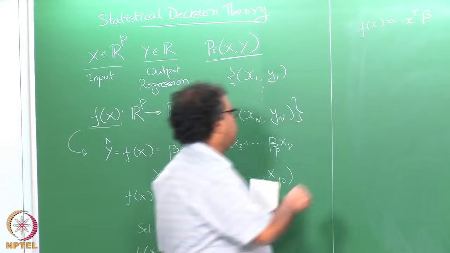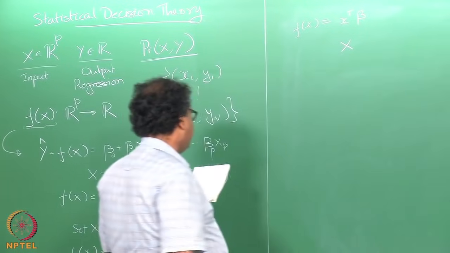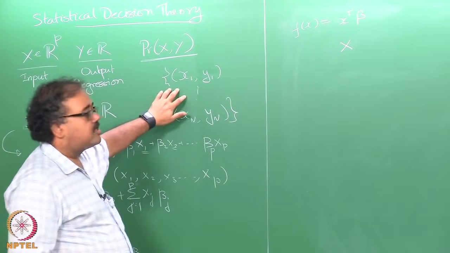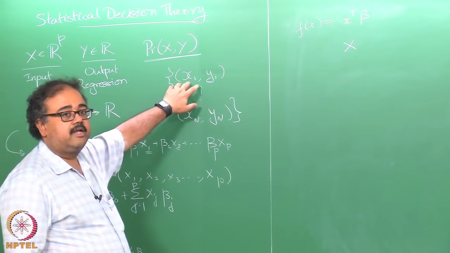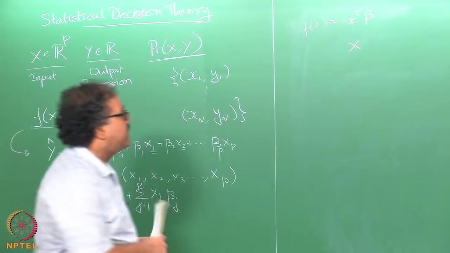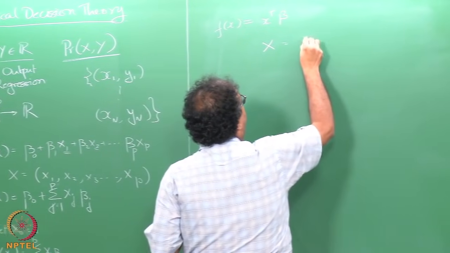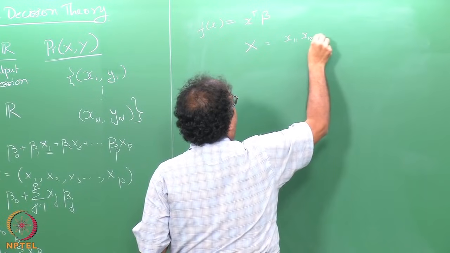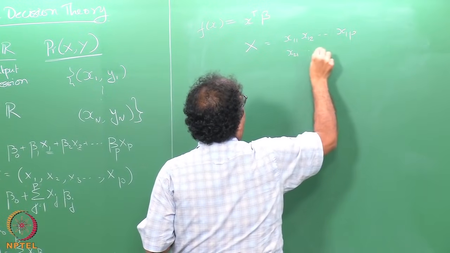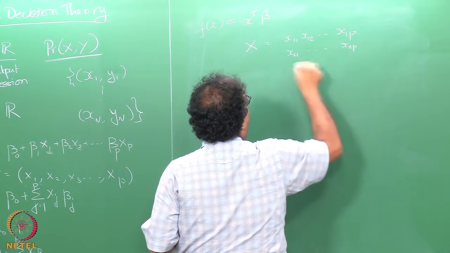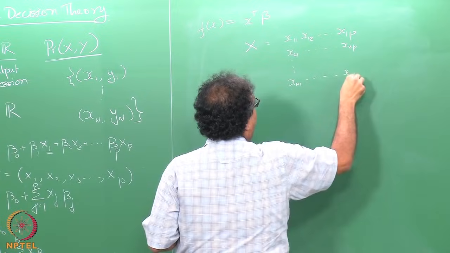So, I can think of a matrix X in which each row corresponds to an input x, with a 1 in the first position.